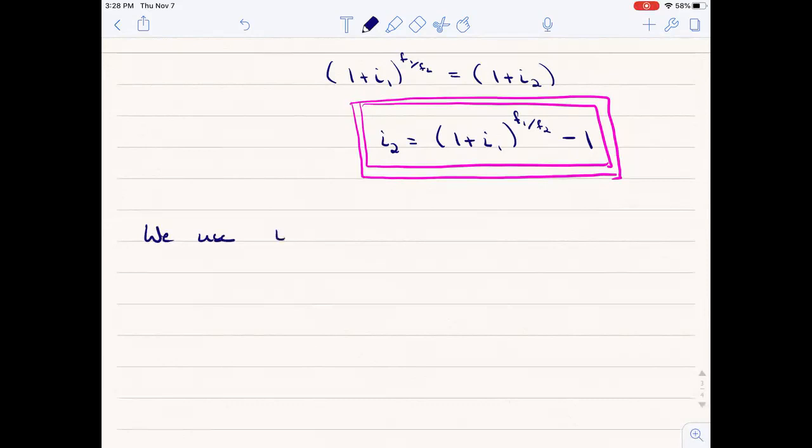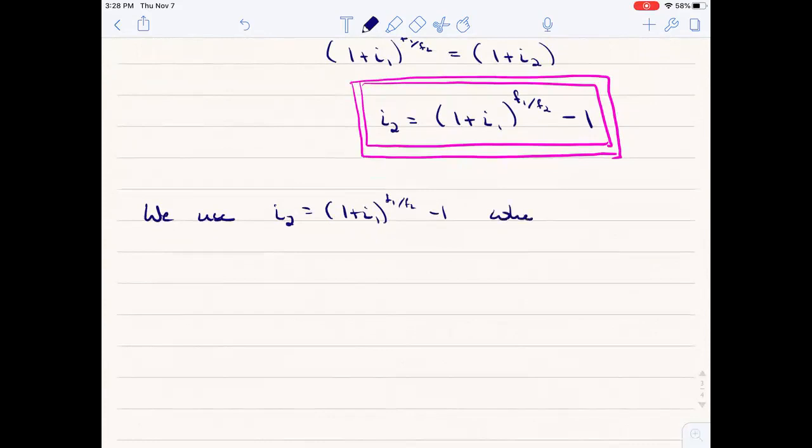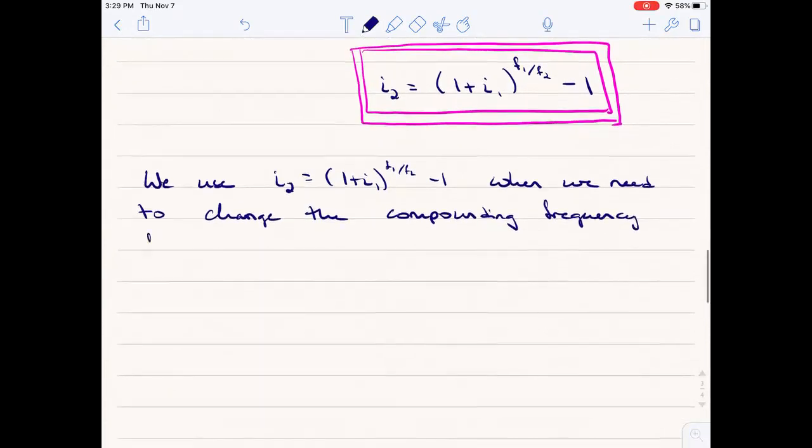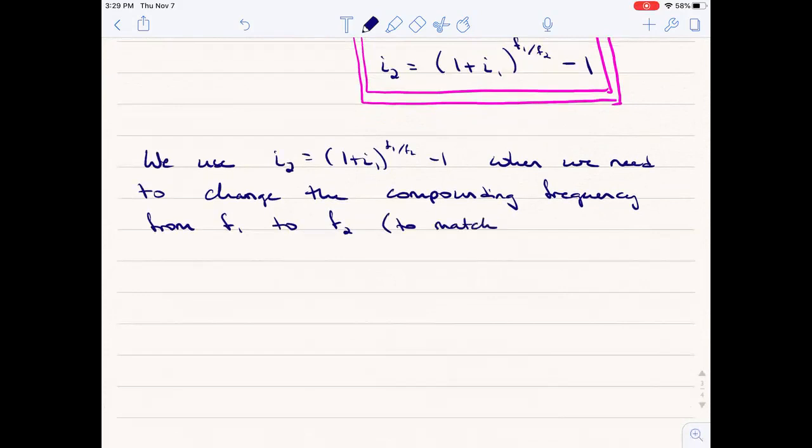We use I2 equals 1 plus I1 to the power of F1 over F2 minus 1 when we need to change the compounding frequency from F1 to F2, and I'll just put in brackets to match the payment frequency in annuities.